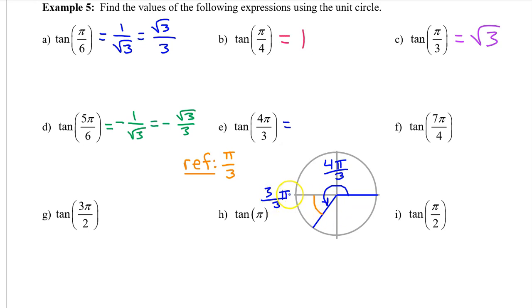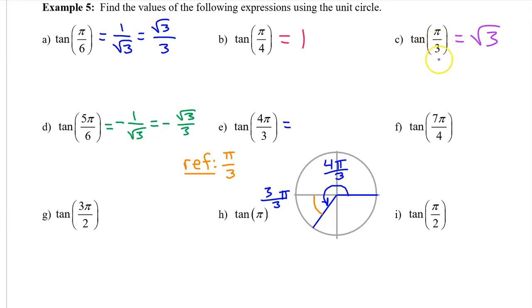Again, the angle between the x-axis and the terminal side is called the reference angle. Since 4 pi over 3 is pi over 3 more than 3 pi over 3, the reference angle is pi over 3. That means the tangent of 4 pi over 3 will be equivalent to the tangent of pi over 3, except it might be positive or it might be negative.